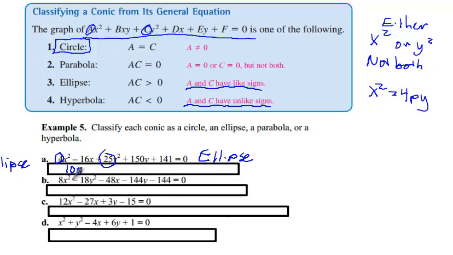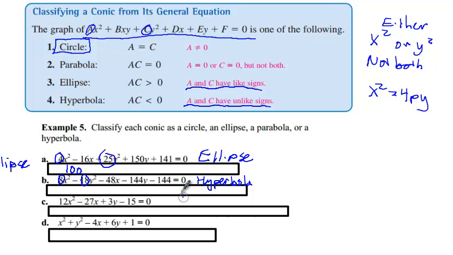Then next one, we have A is 8, C, negative 18. These have opposite signs. They're not equal, so this is going to be a hyperbola. Right, and then next one, there is no y squared.